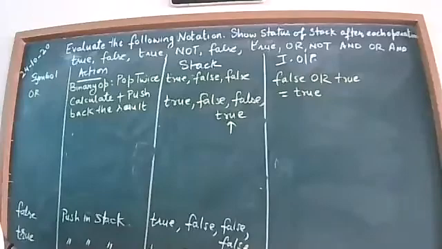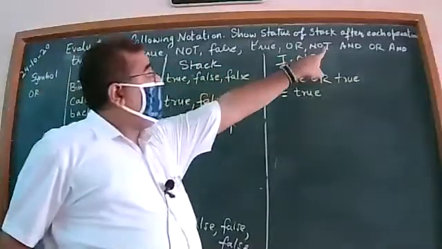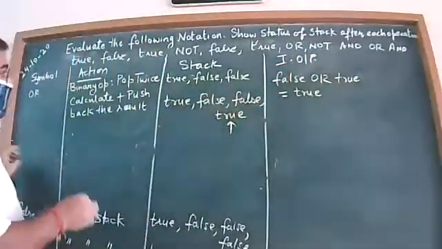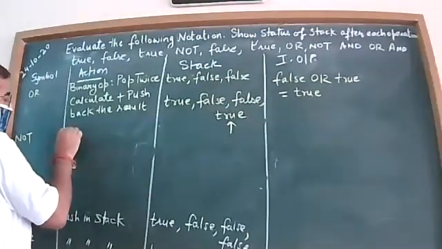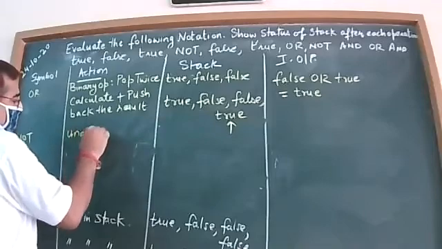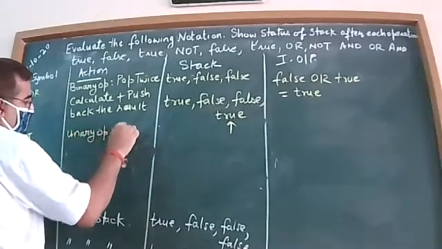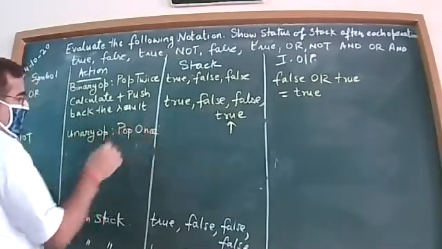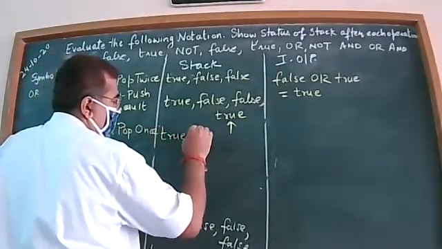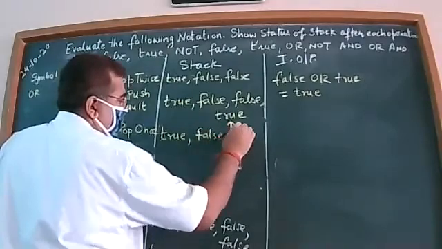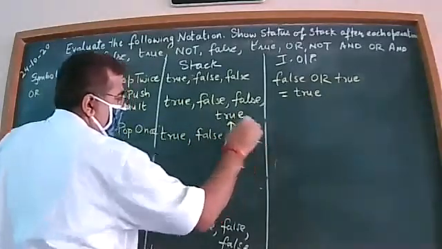Moving further, I have not. So unary operator, pop once. So I have true, false, false.